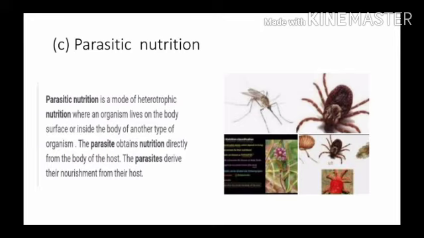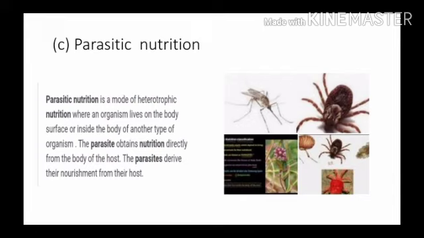So, parasitic nutrition is a mode of heterotrophic nutrition, where an organism lives on the body surface or inside the body of another type of organism. The parasite obtains the nutrition directly from the body of the host. The parasite derives its nutrition from the host.